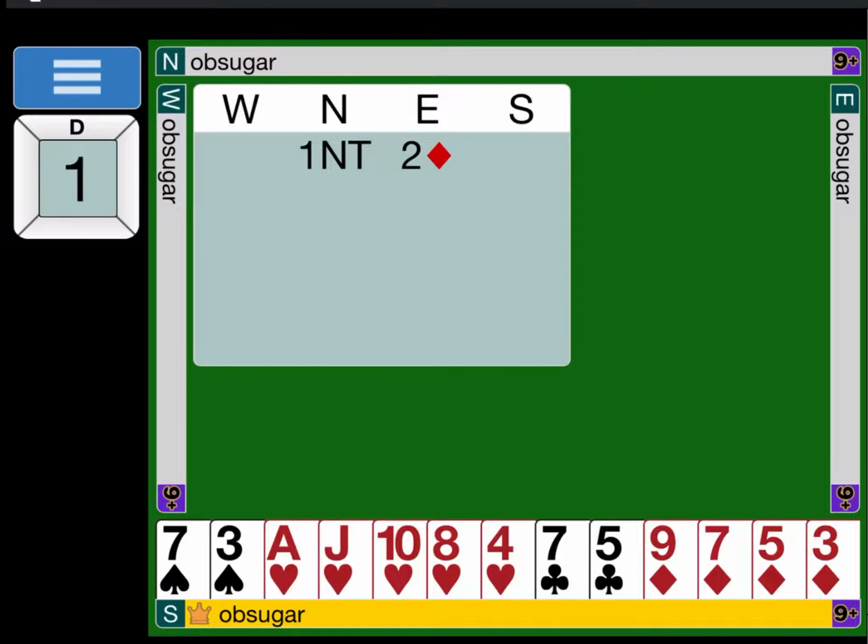All 2-level bids are to play. So here we have no problems bidding 2 hearts, right? We've given up the transfer, but we have found what we still think is the best contract, which is 2 hearts. And because all bids at the 2 level are to play, we do not have to be concerned about our partner bidding. Questions?